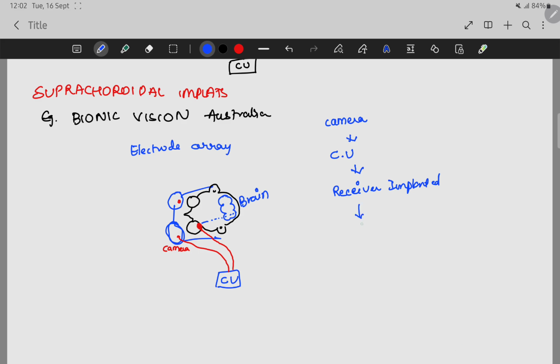This receiver then sends it to the electrode array. This array stimulates the retina. From the retina, the signal goes to the visual pathway and the brain.